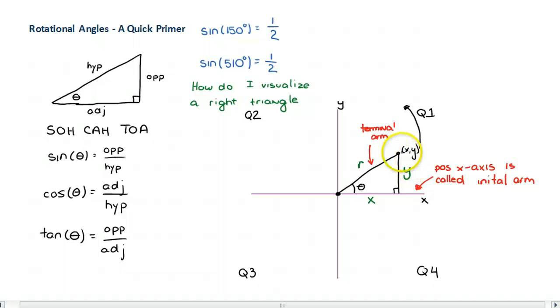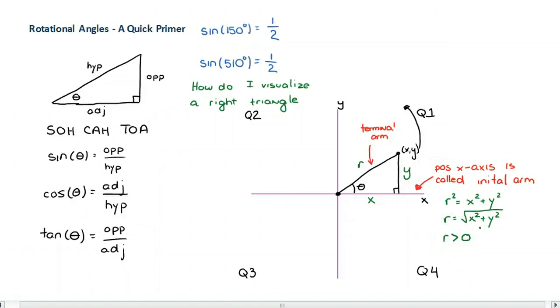And since we're given point x and y, and we calculate r with that, and we know that r squared is equal to x squared plus y squared, so r is equal to the square root of x squared plus y squared, we know that r is always going to be greater than 0.